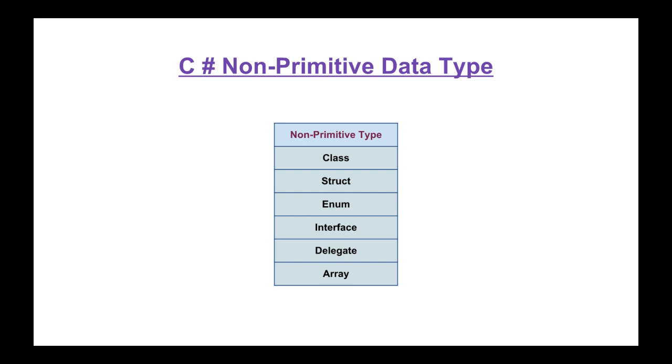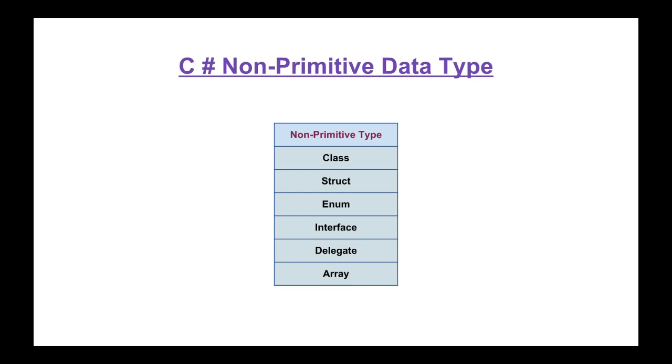Basically the value types are stored in the stack, but the reference types are stored in the managed heap. This is something pretty advanced. We will cover it in the future lessons, but for now all you need to know is that there are two different data types in C#: primitive and non-primitive.